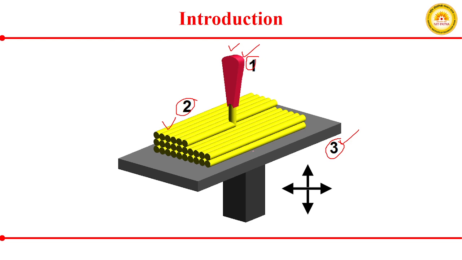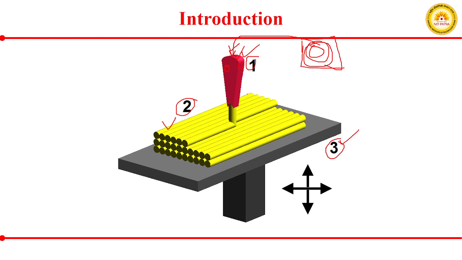But here your material is coming through a nozzle. Your material is kept somewhere in the form of a spool. We will talk about how this material is kept in these spools, and then it is extruded through this nozzle. Since it is supposed to be extruded through this nozzle, some arrangement needs to be done: proper melting is needed, and some extrusion mechanism is needed for controlling the flow of material.